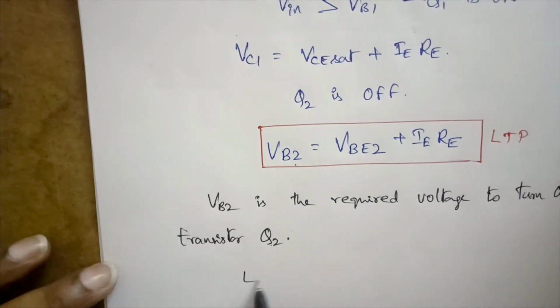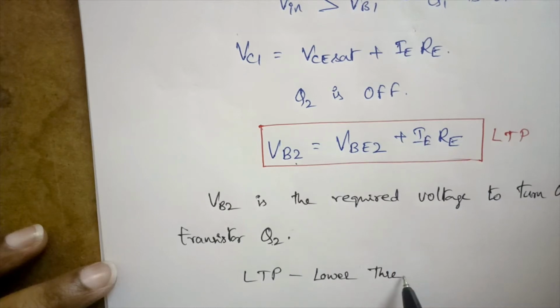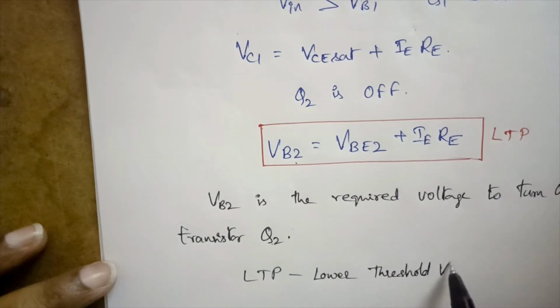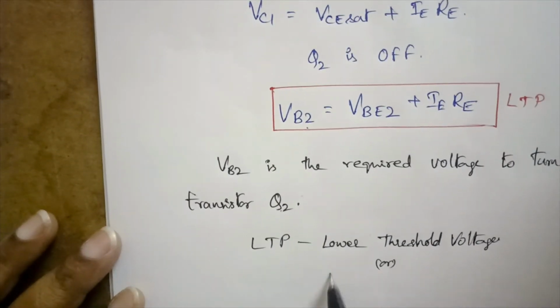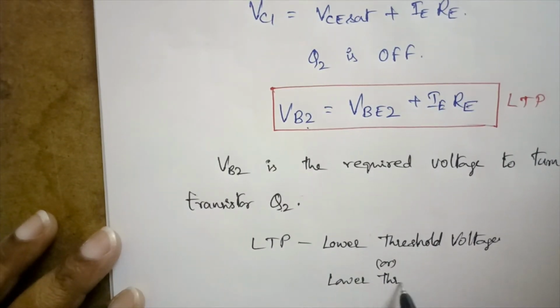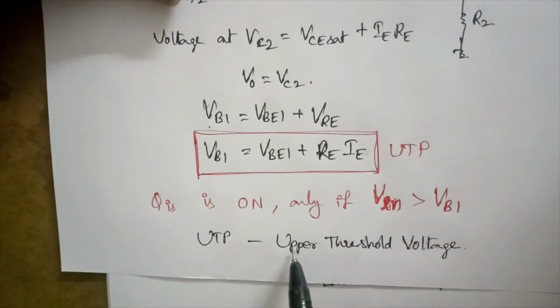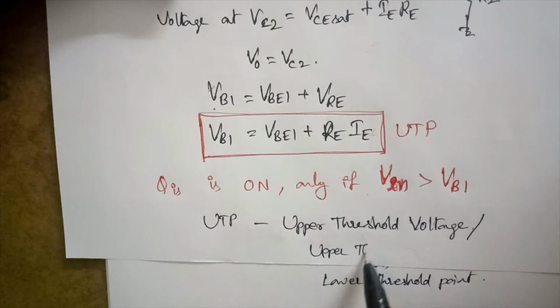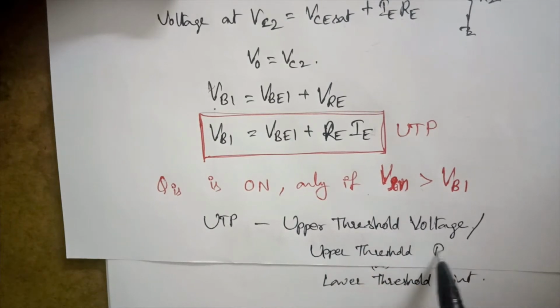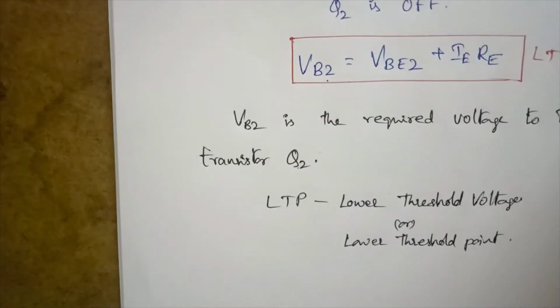So here LTP is nothing but lower threshold voltage. So it is also known as lower threshold point. In the same way here also it is upper threshold voltage or upper threshold point. Okay, so this is about that.